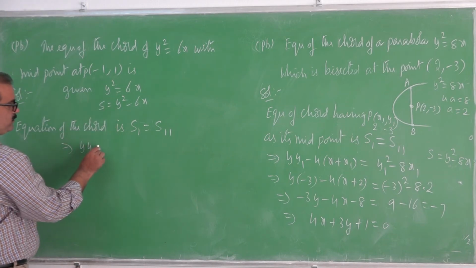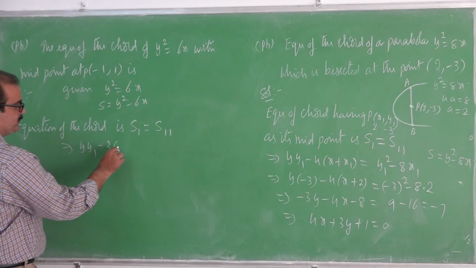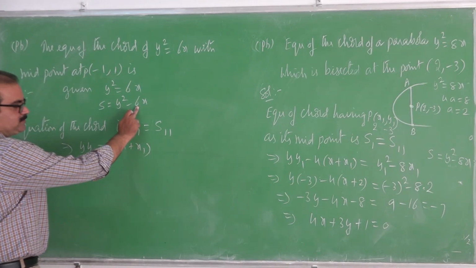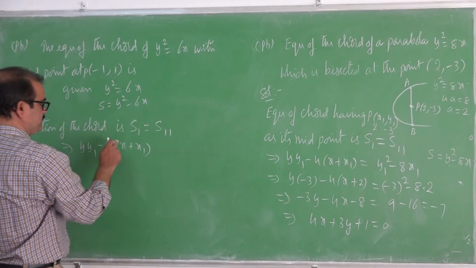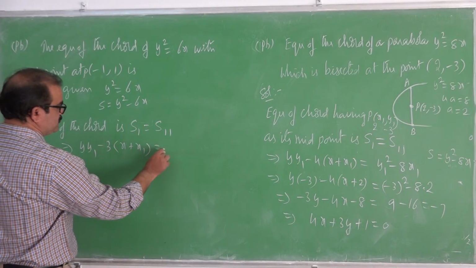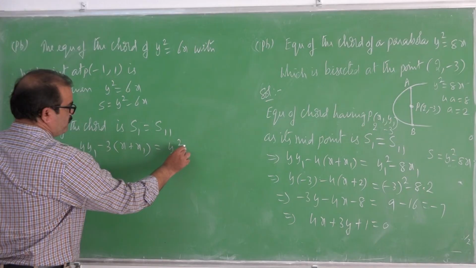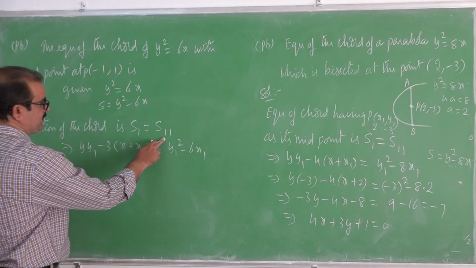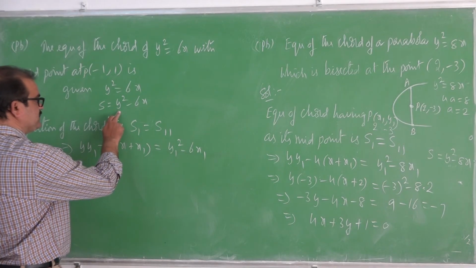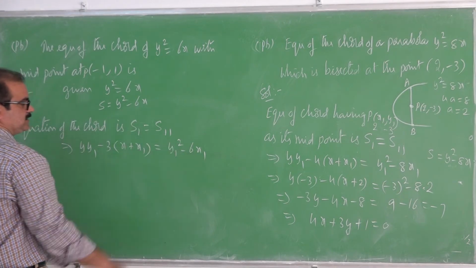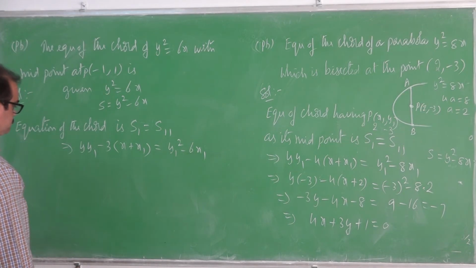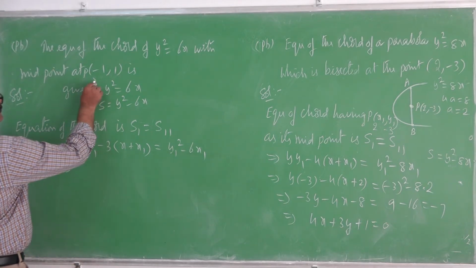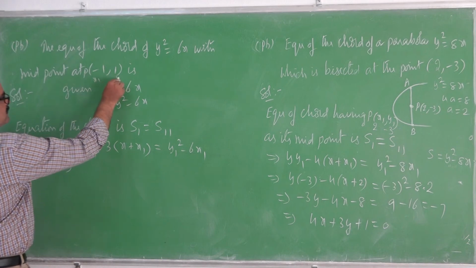Y into y1 minus 3 into x plus x1. Divide this with 2. We get S11 is y1 square minus 6x1. S11 is obtained by substituting x1, y1 in the given equation. But what are x1 and y1? x1 is -1, y1 is 1.